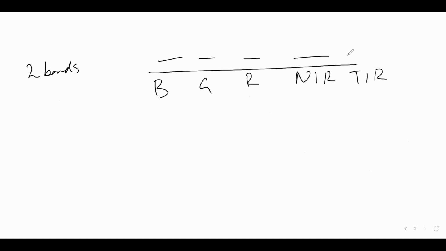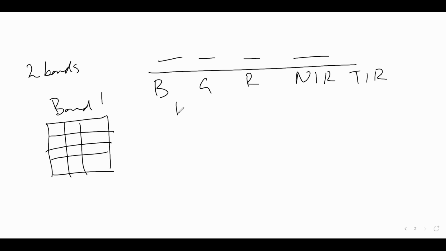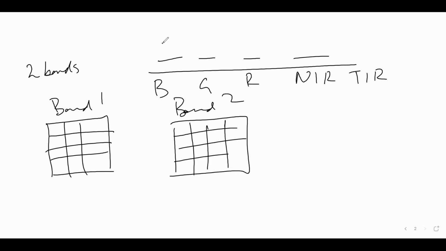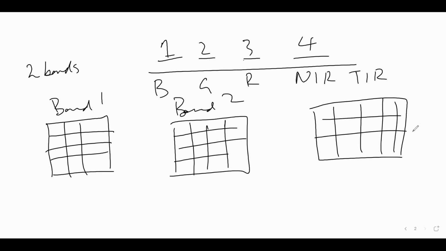The whole idea behind manipulating two bands is that you have band 1, and we have band 2. It can be 1 and 2, 3, 4, any of these, and by manipulating band 1 and band 2, we have a resultant image.